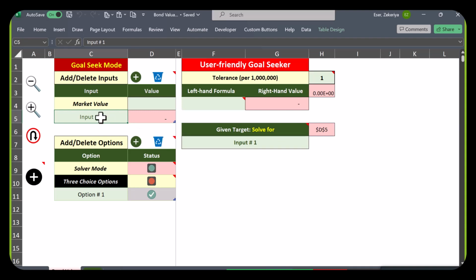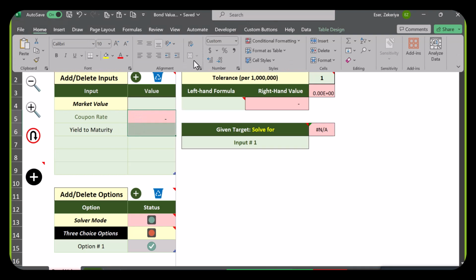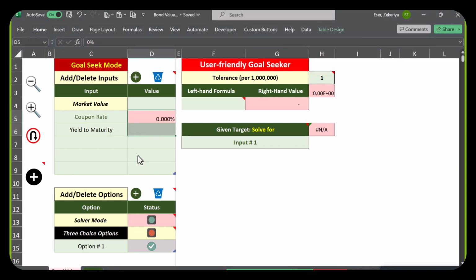So I'm going to enter the rates first. Coupon rates: 1, 2, 3, 4. I know these are going to be percents. You know how anal I am about those.